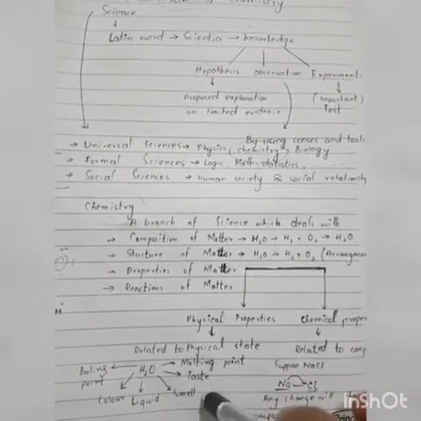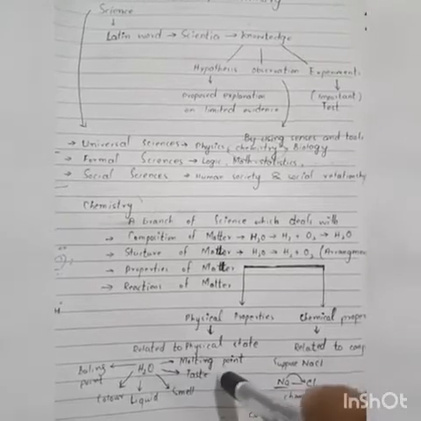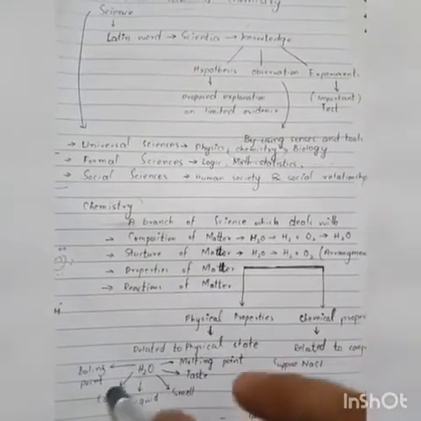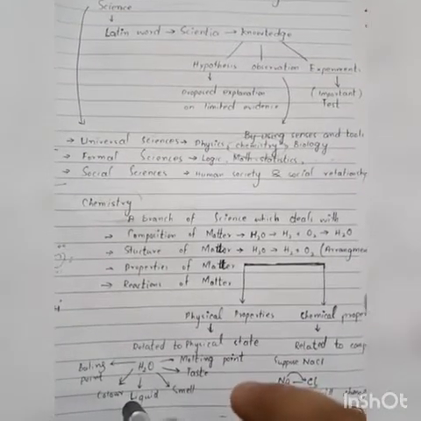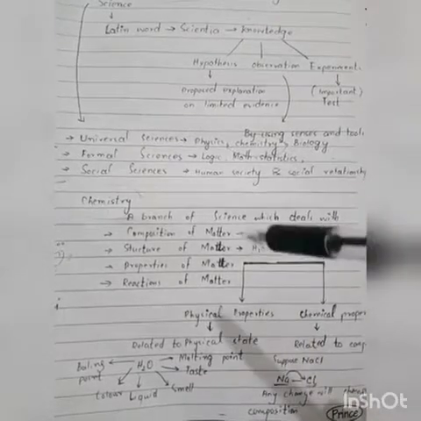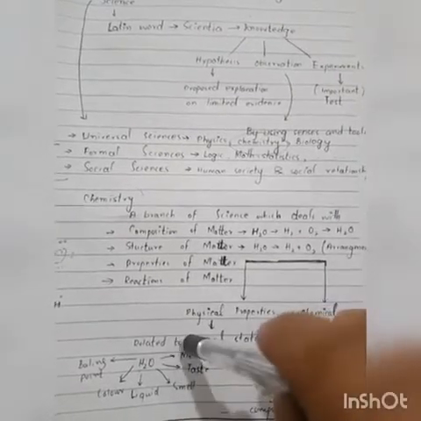They also tell us the smell, taste, melting point, boiling point, and color. So if the physical properties are changed, there is no change in the composition of any substance or matter.